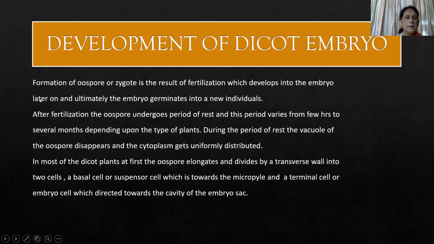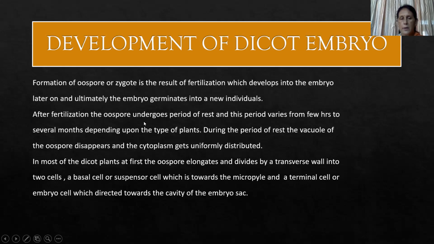Here there is a note: the oospore, or zygote, is the result of fertilization and develops into the embryo, and ultimately the embryo germinates into a new plantlet or new individual. After fertilization, the zygote is converted into an oospore.